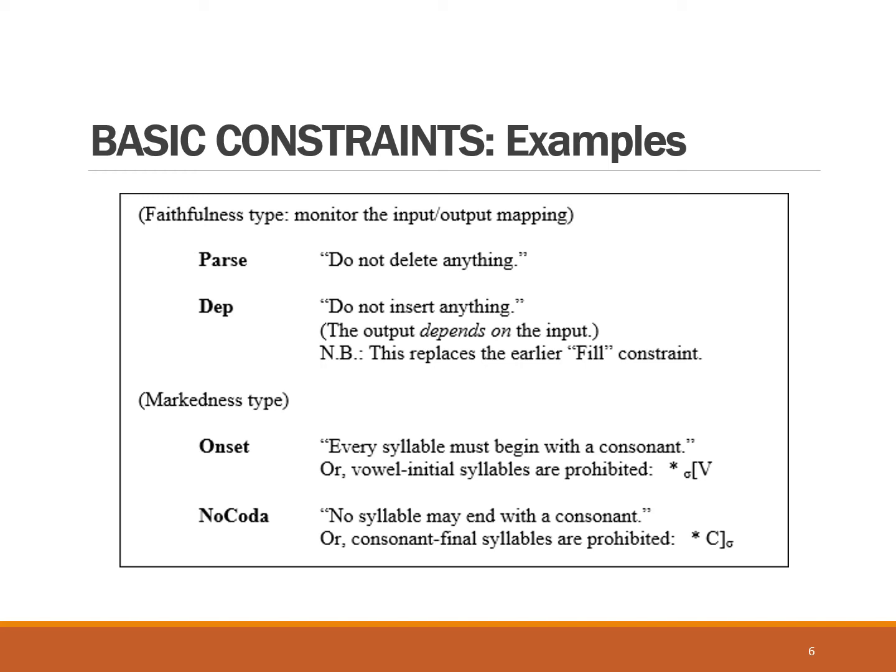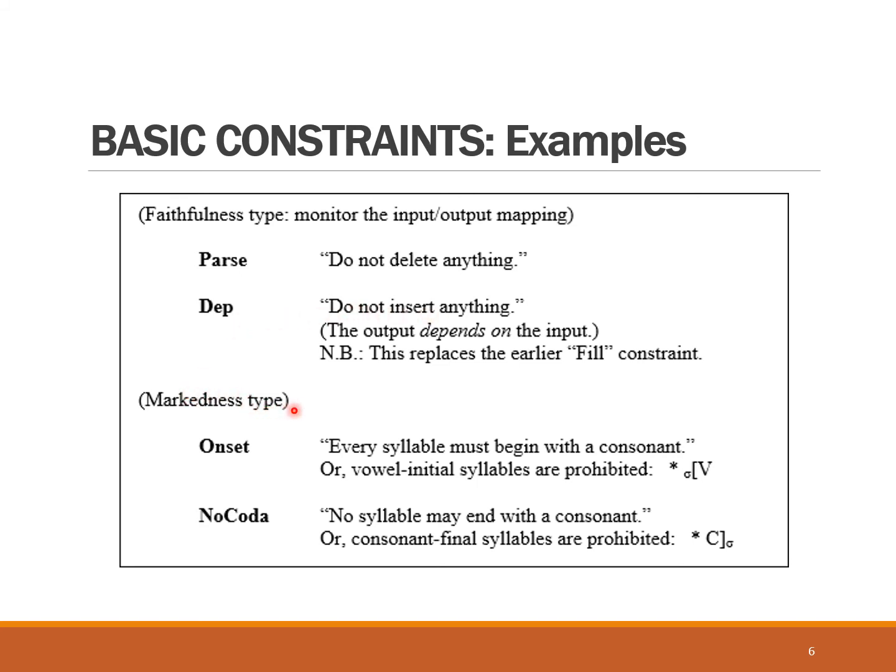And in the second category, depth, which also comes under the faithfulness type, it is defined as do not insert anything. So whatever is there in the input structure or the underlying representation of a particular linguistic form, just keep it like that. Do not delete, as required by the parse constraint, and do not insert, as required by the depth constraint.